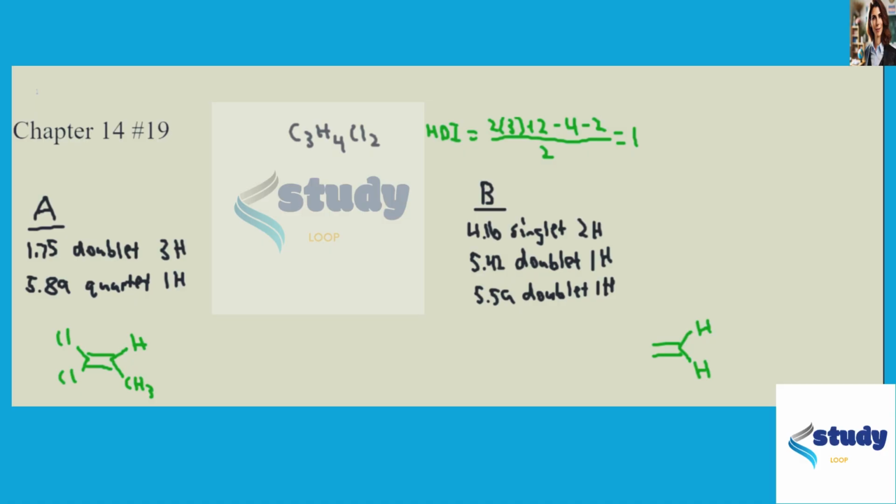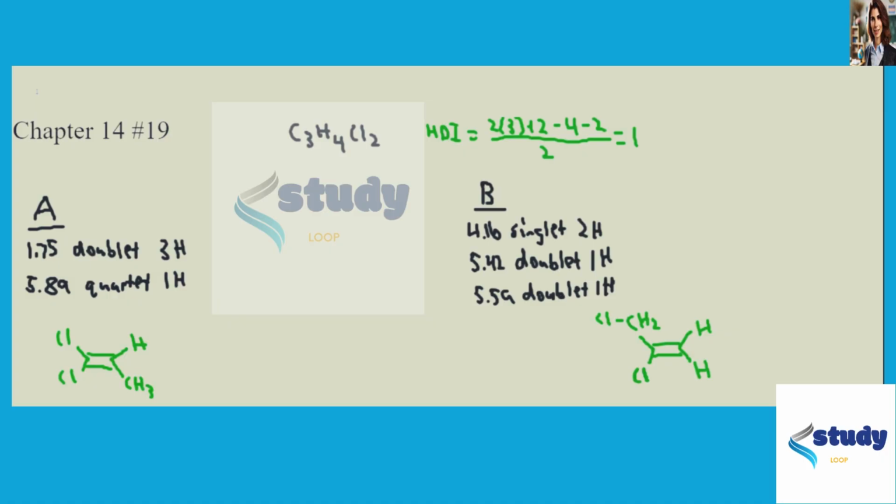They're accounted for by a single signal, also fairly far downfield at 4.16. So I'm going to go ahead and say that we have a CH2 right here. And then we'll put one of the 2 chlorines there and the other chlorine here. Okay, and so this is a good structure for B.